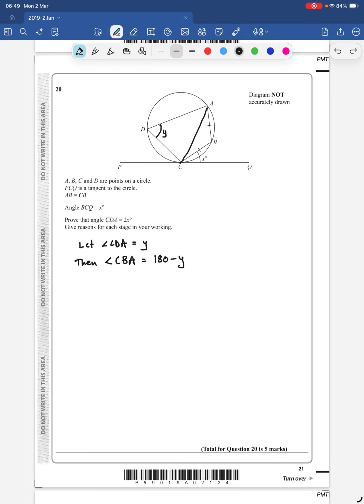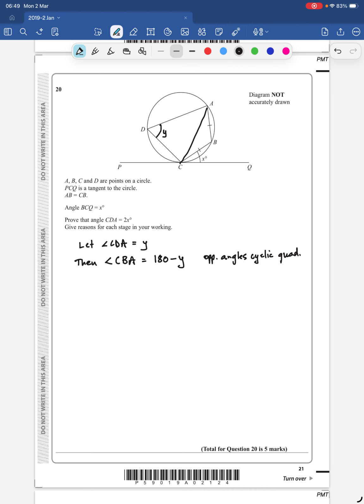And I'm going to make a quick note here. I'm just going to say op for opposite angles, and then I'm just going to write cyclic quad, and that's enough. Okay, I don't want to write an essay there. I just want to make it clear to the examiner that I know what I'm doing. So that's one reason.